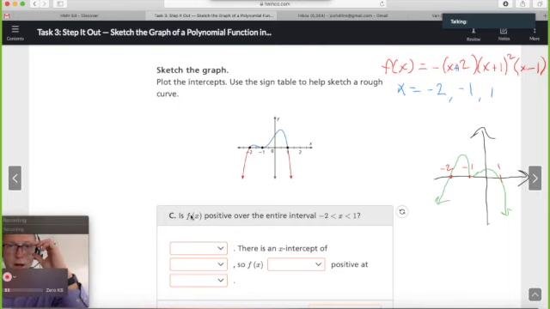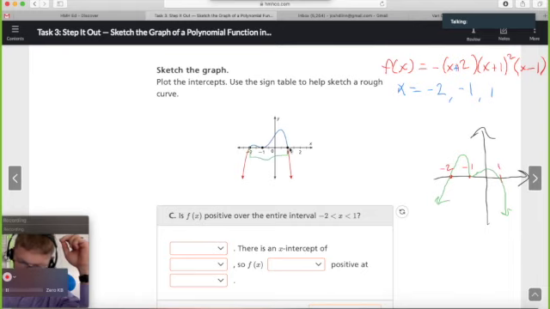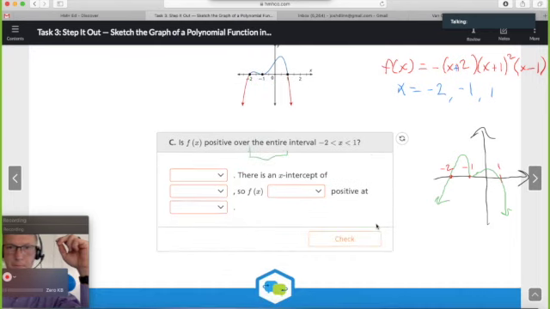So is f of x positive over the entire interval negative 2 to 1? That is right there. We can say yes, because it's all above the x-axis. And then, let's get rid of that.